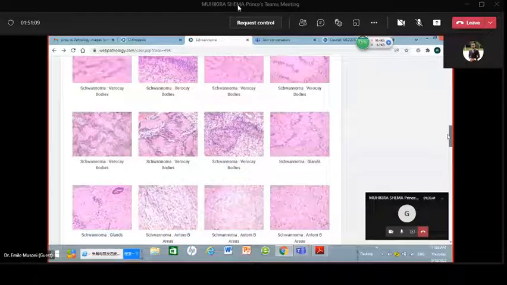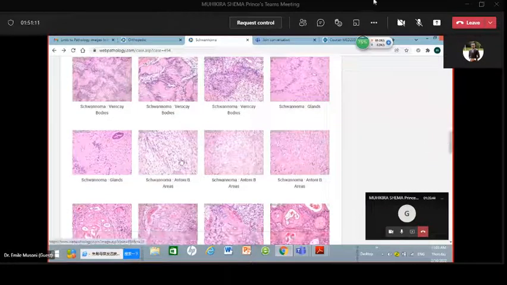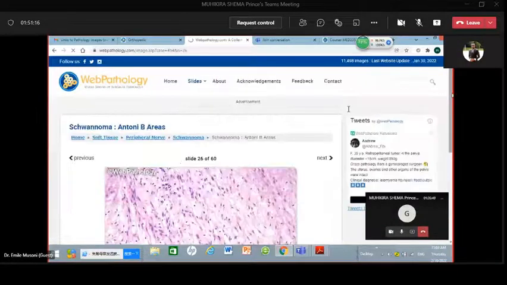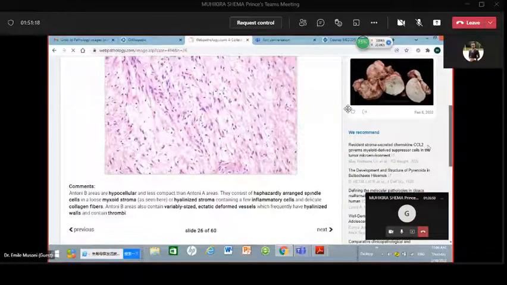Let us see Antoni B. Antoni B areas are hypocellular and less compact than Antoni A areas. They consist of haphazard arrangement of spindle cells in loose myxoid stroma, like this one. We see them in practice.